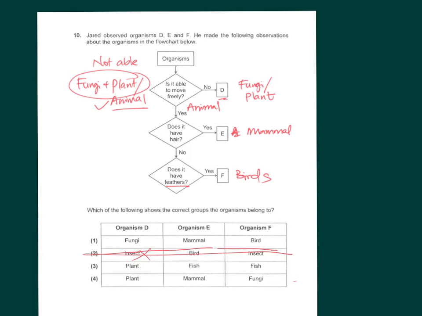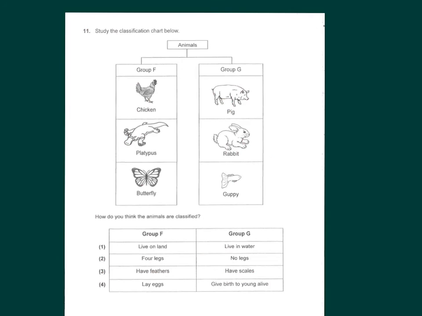Organism E, we believe it's a mammal, so again, option 3 is out. That leaves us with option 1 and 4. Organism F, it must be a bird, so this is out. So answer is 1.